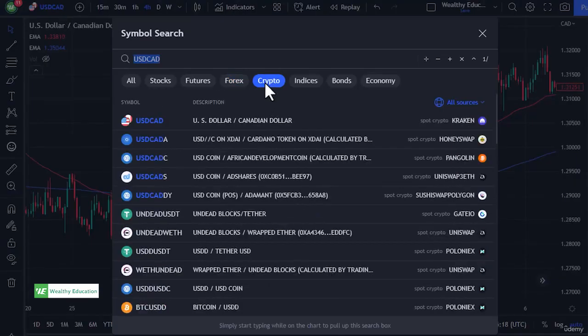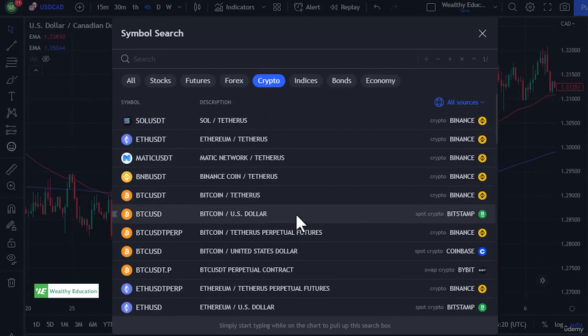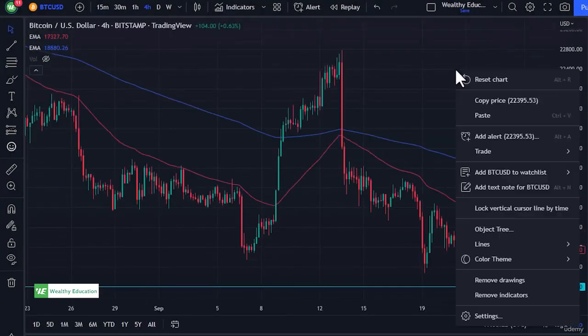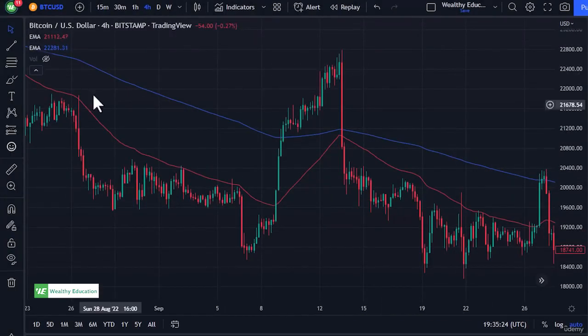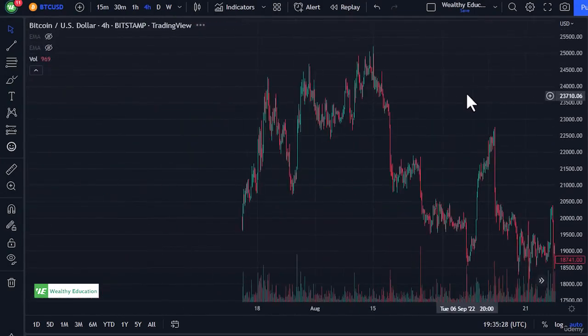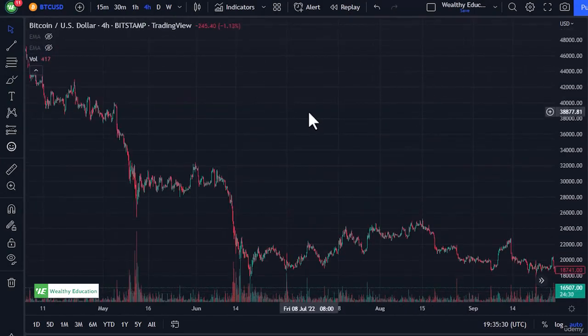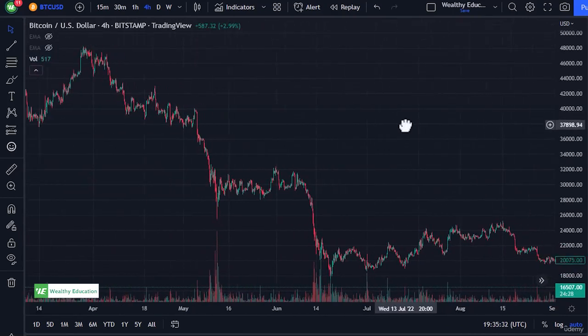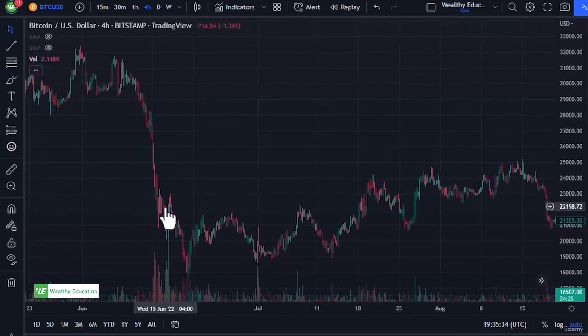Let's go ahead and take a look at crypto. Let's do Bitcoin. Clear all of my drawings. Hide everything except for the volume for now. So this is a failed inverted head and shoulders. I mean, failed as in it didn't kick off.